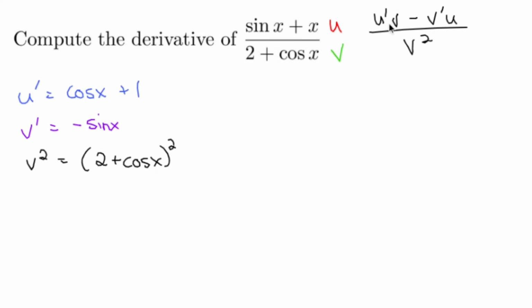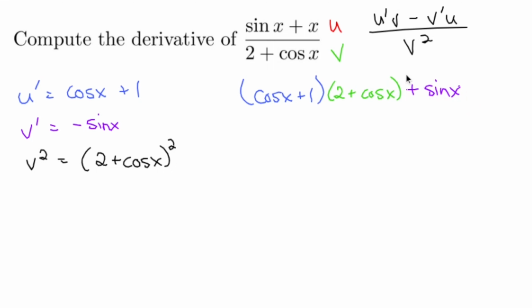All right, let's put this all together. So I have U prime, which is blue, cos x plus 1, times V, which is green, so 2 plus cos x, minus V prime, so minus negative sine x is going to be plus sine x.